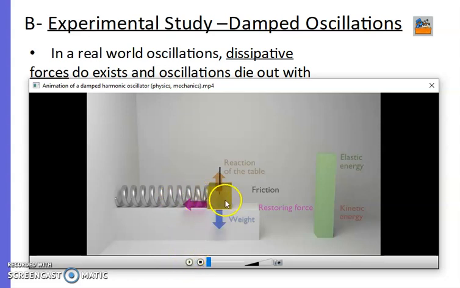Because the spring is pulled to the right, meaning elongated, and the block is still at rest, the total energy in this system is only elastic, which exists in the spring. Look here, only elastic potential energy. We choose this as a reference for GPE, so we can say GPE is 0. Let's see the experiment.